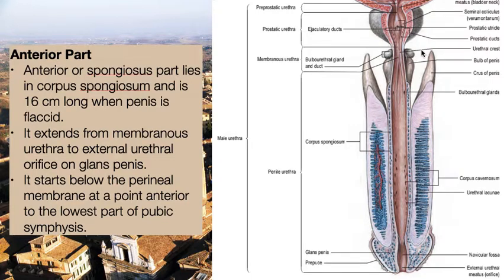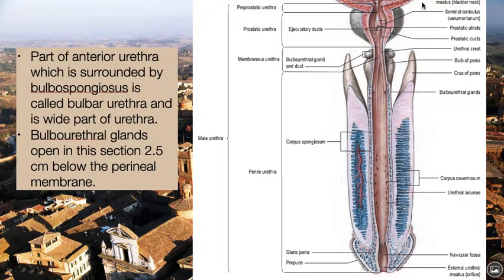It starts below the perineal membrane at a point anterior to the lowest part of the pubic symphysis. The part of the anterior urethra which is surrounded by the bulbospongiosus is called the bulbar urethra. The bulbourethral glands in this section lie 2.5 centimeter below the perineal membrane.